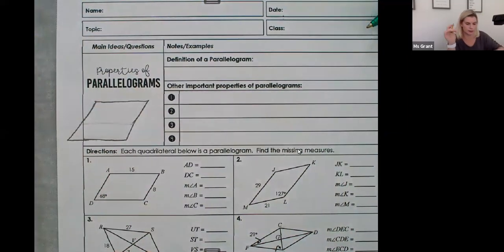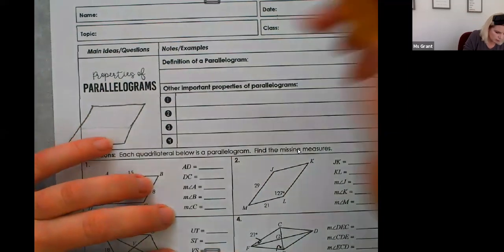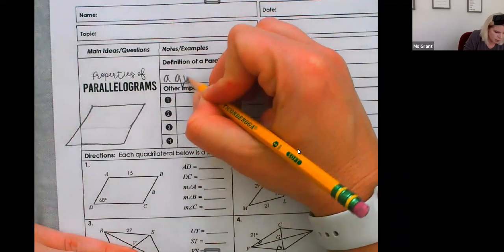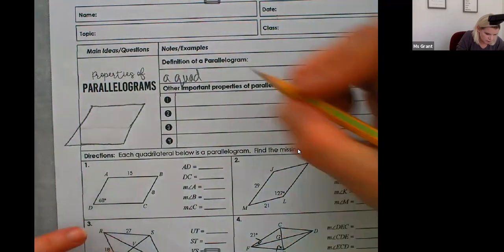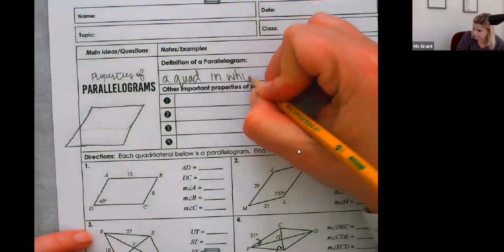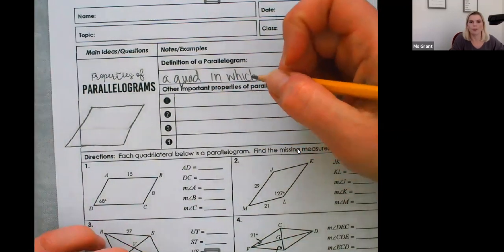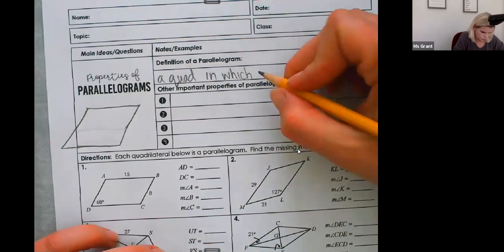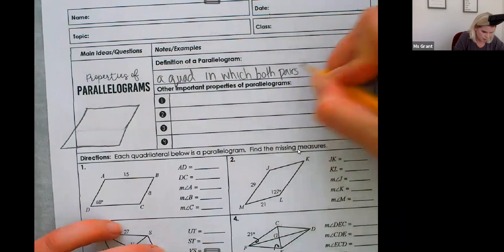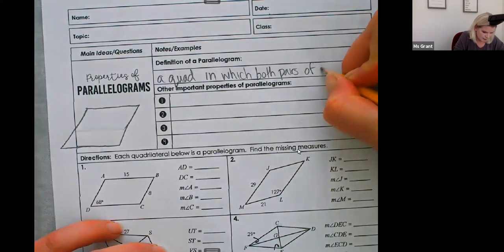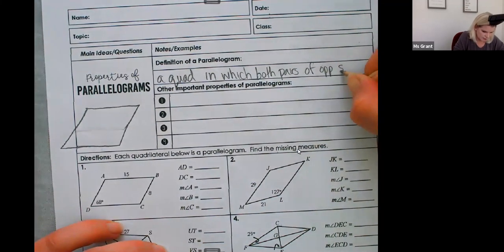A quadrilateral in which both pairs of opposite sides are parallel.